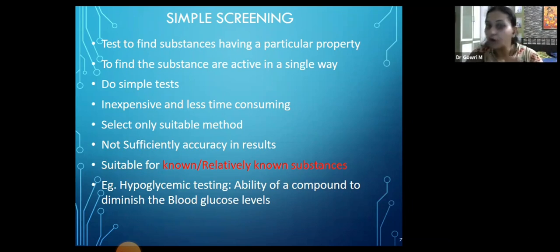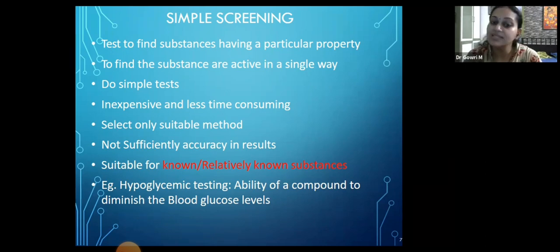Such things cannot be done by simple screening. Simple screening can be done only in drugs for which we know a relative activity. We know that this can be used for this, but we have to confirm whether it is actually hypoglycemic, and we have to confirm its pharmacological activity as well as its active ingredients. In such cases we do simple screening because we already know the action of that particular drug.